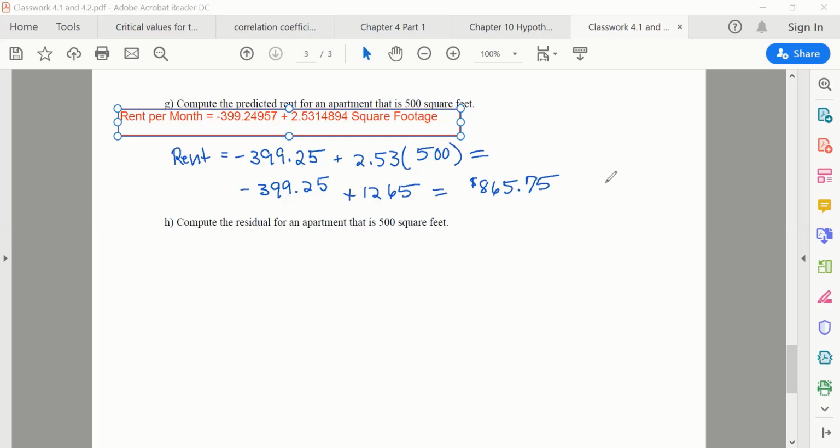So that's my predicted rent for a 500 square foot apartment. So you use the predictor line and just plug in the number they asked you to plug in.